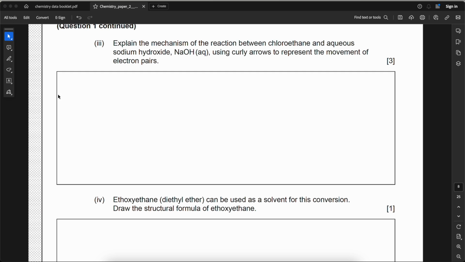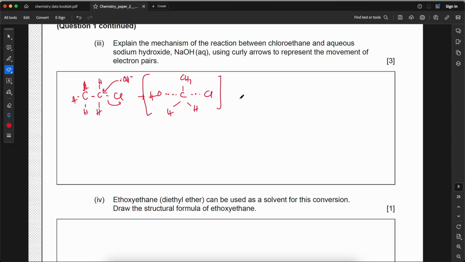So it's chloroethane, CH3CH2Cl. The OH- will go here and this will go here, and it will produce the transition state with Cl, OH, CH3, H and H in brackets, and then we'll produce CH3CH2OH and Cl-.